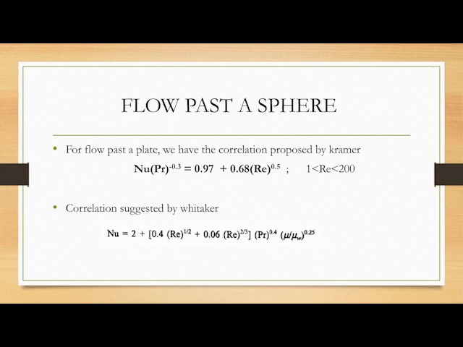So let's come to another situation of external fluid flow. So here we have the condition of flow past a sphere. When a fluid flow takes place across a spherical object, we have the following correlations.